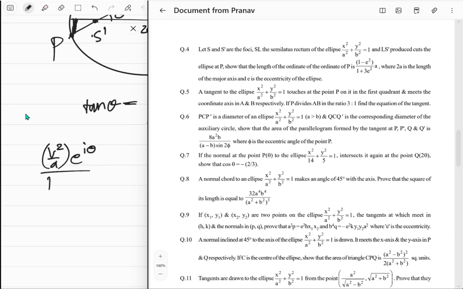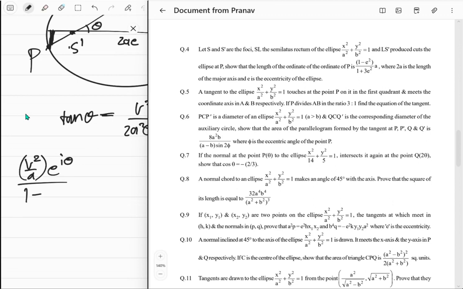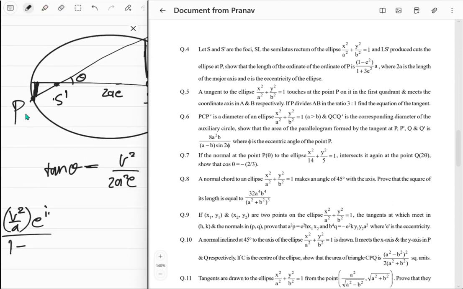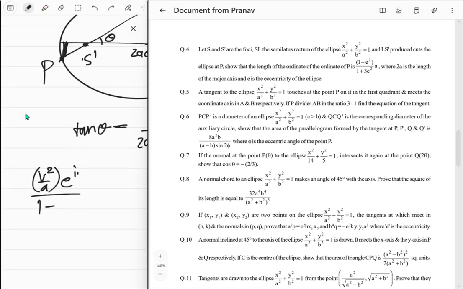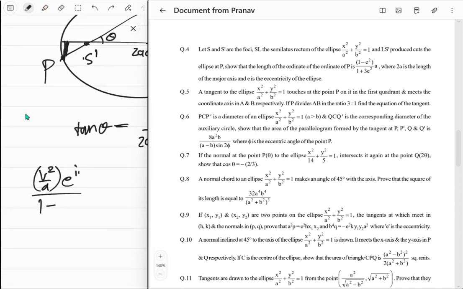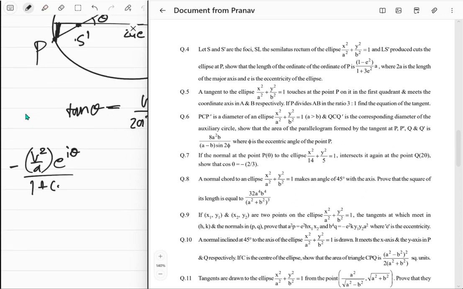And then this upon 1 minus e cosine theta. Oh, by the way, theta is not what we'll use. Instead, we'll use the complete thing, which is theta plus pi. So instead, it will be e power i pi, that's -1. This thing, and it's going to be 1 plus cosine theta. Cool. And we just want the y coordinate, of course, right? There we go. What's the y coordinate going to be?